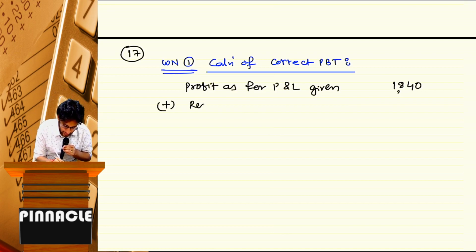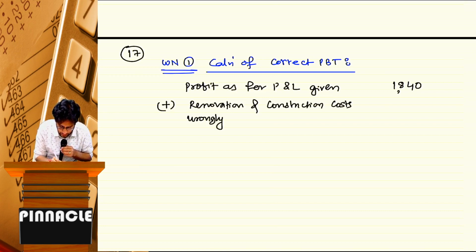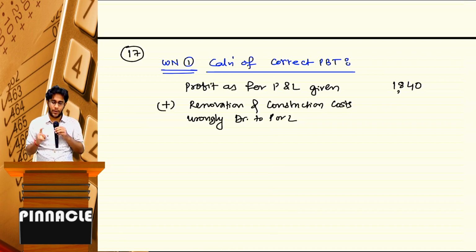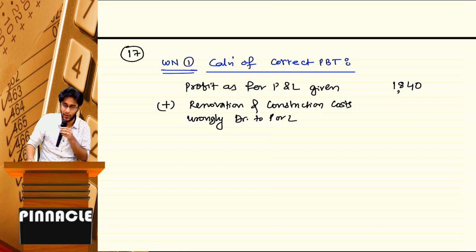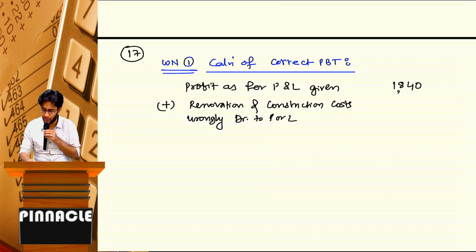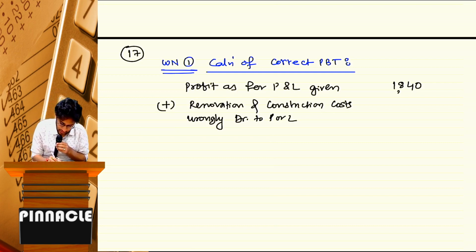Renovation and construction costs wrongly debited to P&L. I'm not doing the cash flow statement, just a reminder, PBT mistakes I'm correcting. How much is this? 30 and 40, both 70 total.